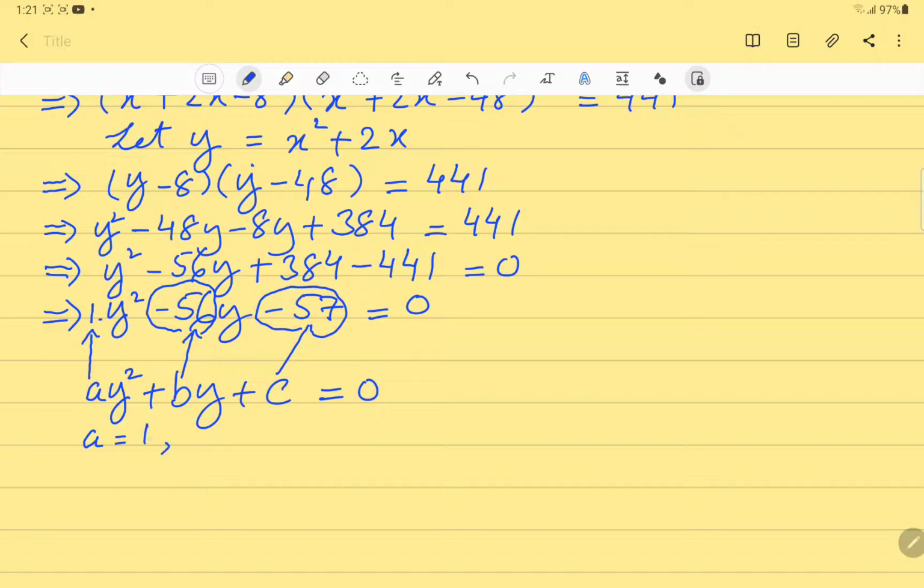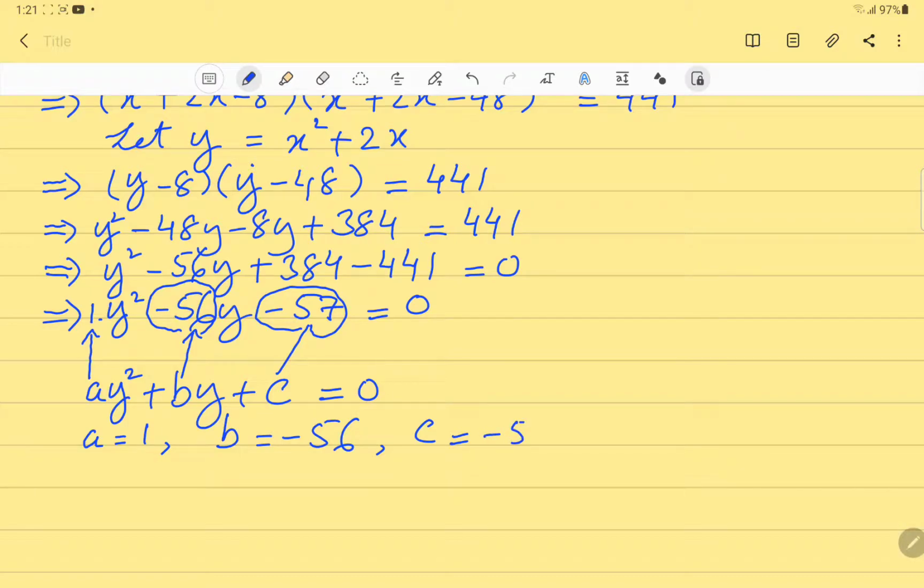So a is equal to 1, b is equal to minus 56, and c is equal to, sorry, I said we are going to solve it with factorization and I have started the quadratic formula. No problem.